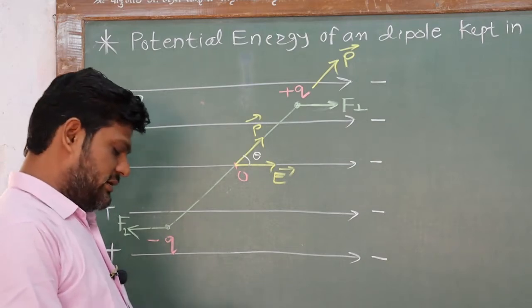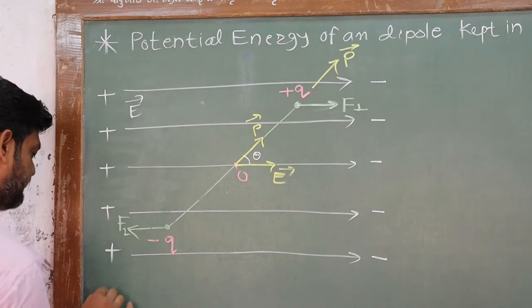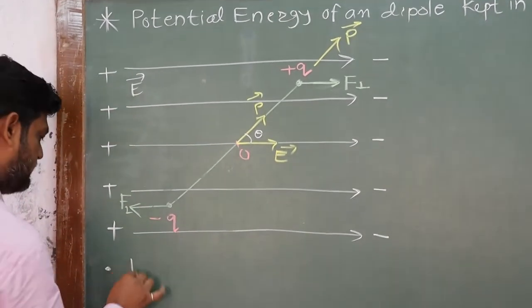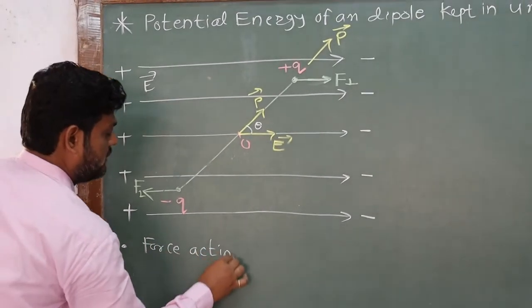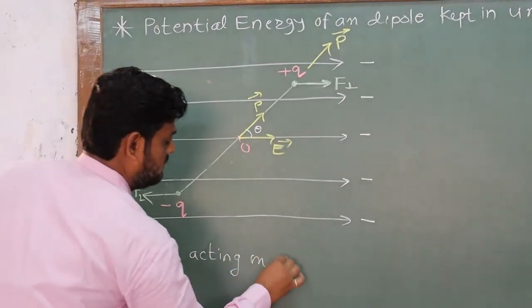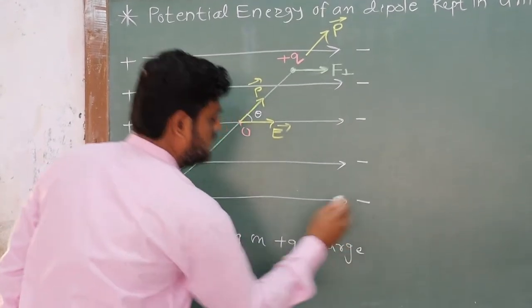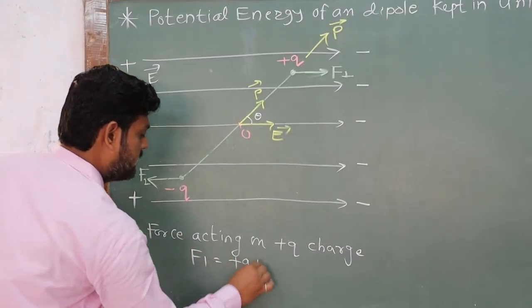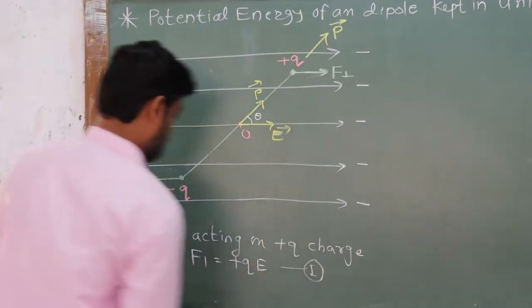First of all, we will write the force acting on the plus q charge. Force acting on plus q charge, that is F1 equal to plus q into E, equation number 1.